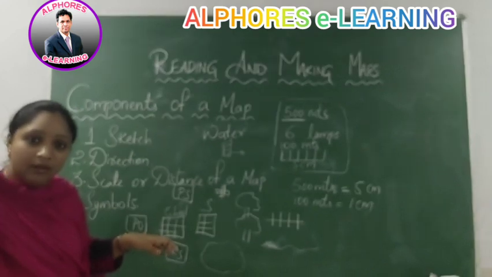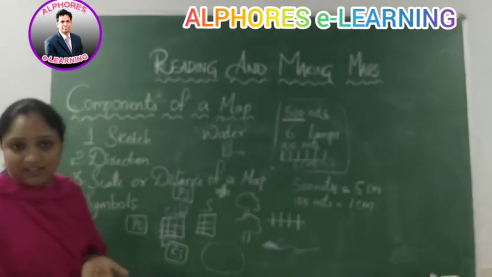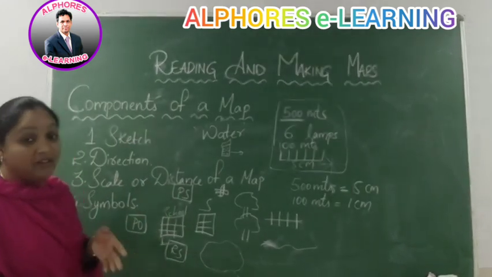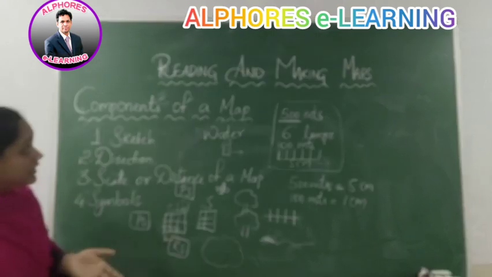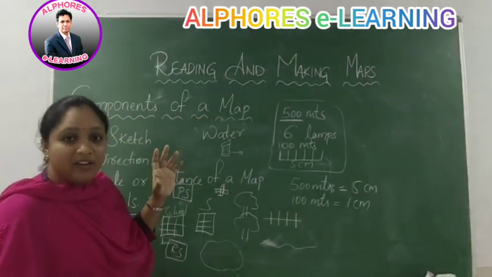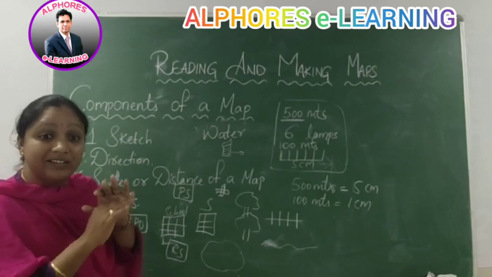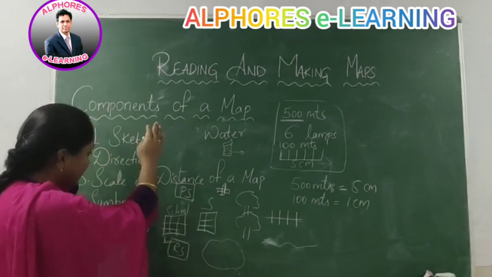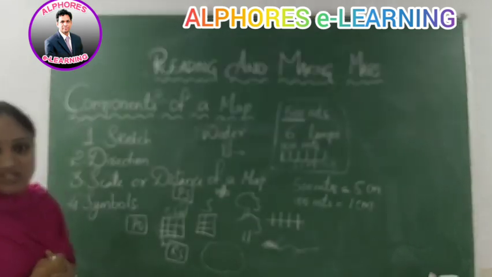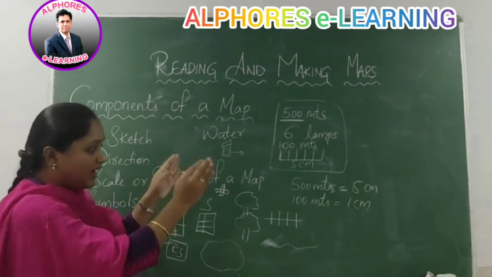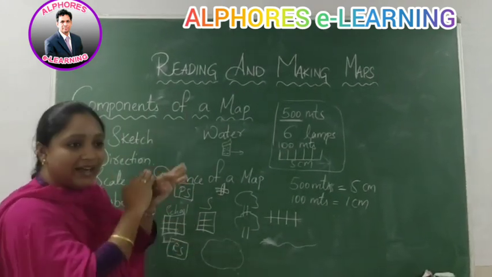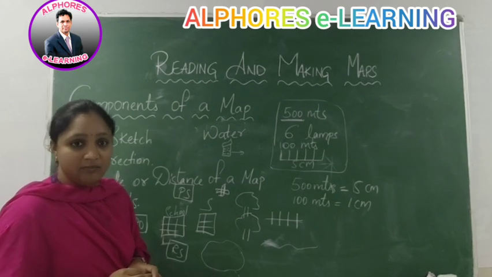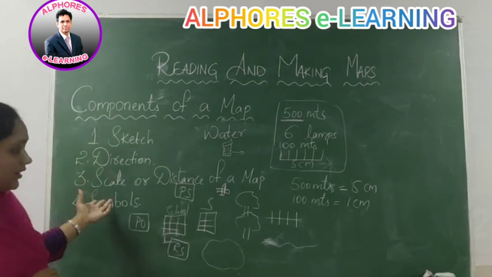We can also say that these are the 4 different languages of the map, which make it convenient for us to read the map or make the map very accurately and clearly, so that if we go through these languages, we can put the map in a pure and clear structure, right children? I hope you understood this topic.